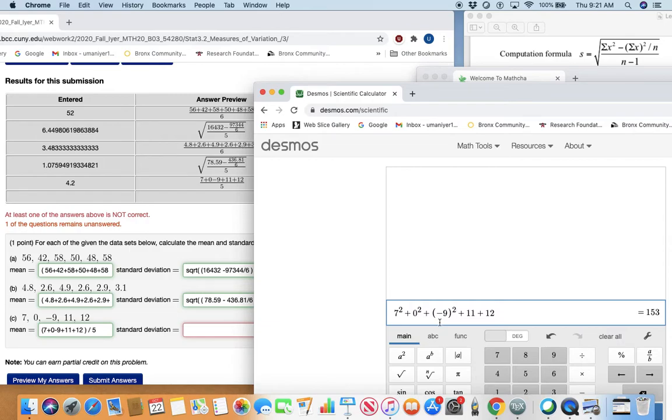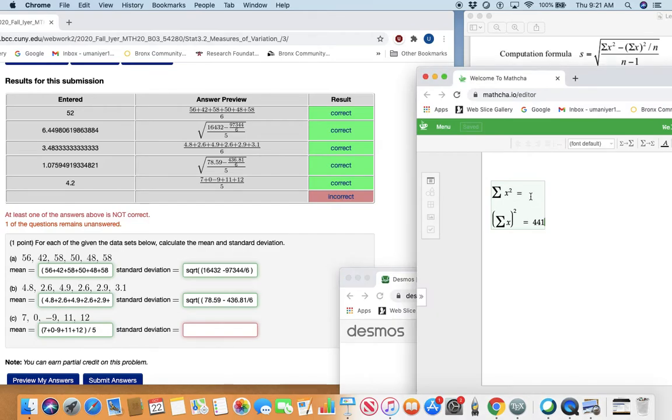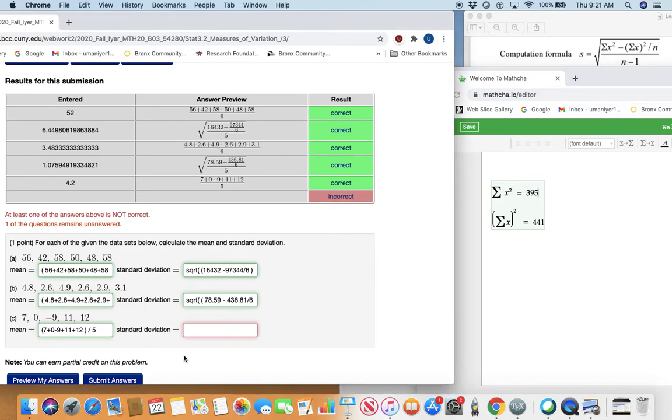That's an important catch. 11 squared and 12 squared. 395. Okay. So when you have a negative number, don't forget to square the negative. So now that you have both of these, now we are safe to work here.